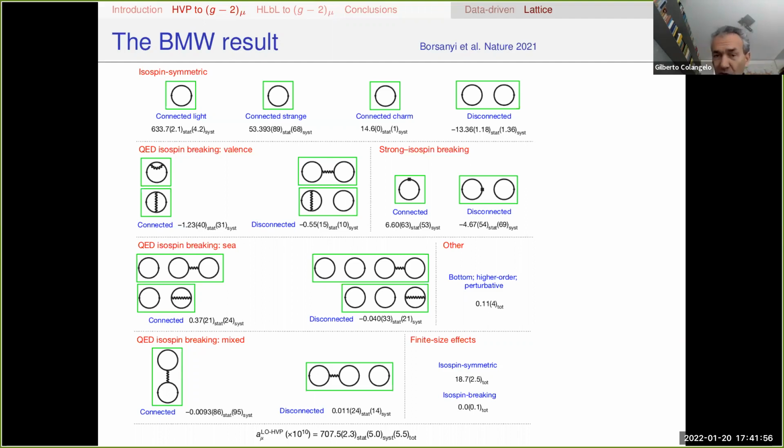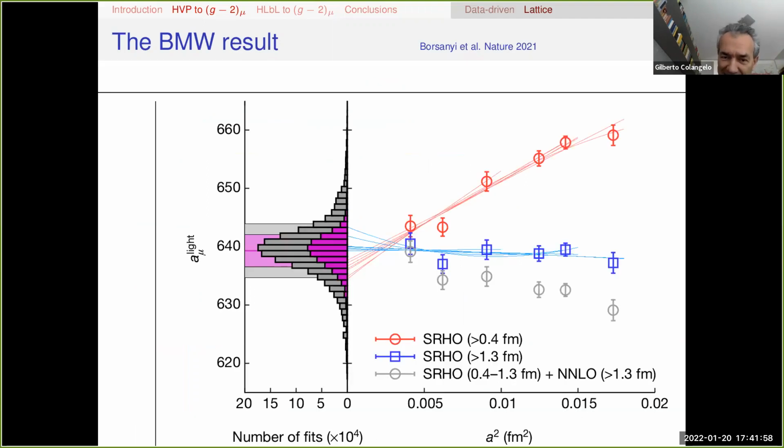What is not shown here, but rather in this plot, is another important systematic effect on lattice calculation, which is the continuum limit, the lattice size effect. Of course, on the lattice, you can only do calculation with a finite lattice spacing, and then you have to extrapolate to lattice spacing equal to 0.